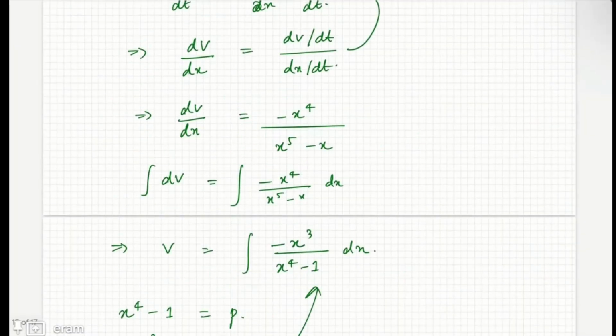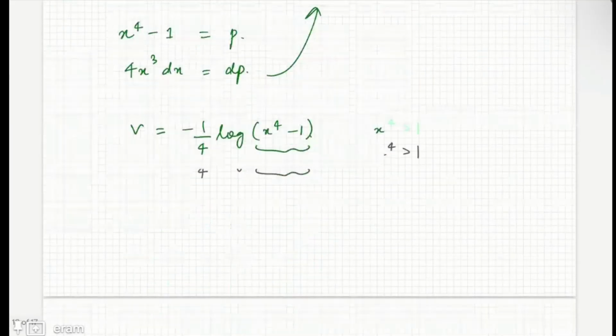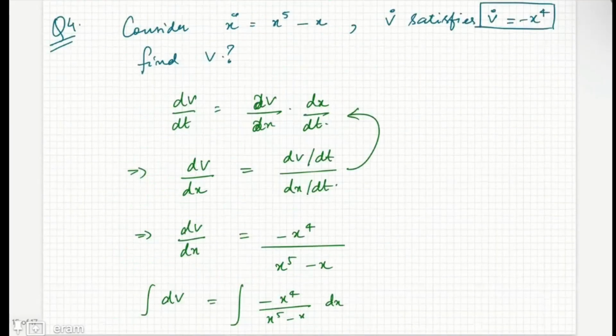Now let's start with a time varying system and try to analyze the stability using Lyapunov theorem. So this would be question number 5. Okay, suppose that we are given this linear time varying system and we need to analyze the stability using the Lyapunov function or Lyapunov theorem.